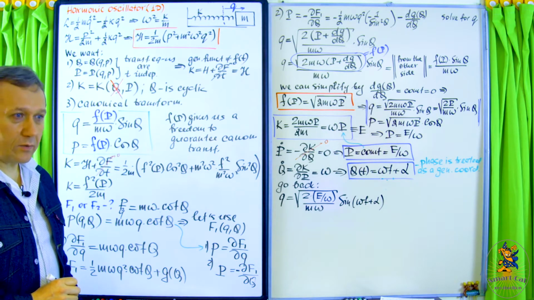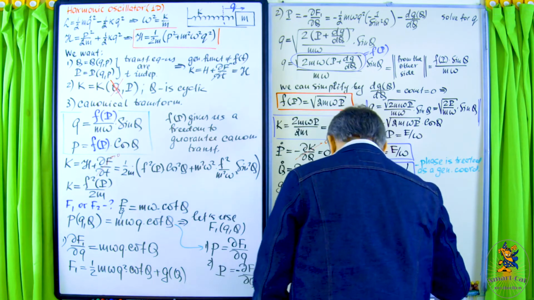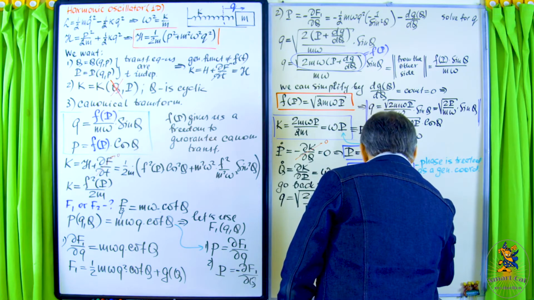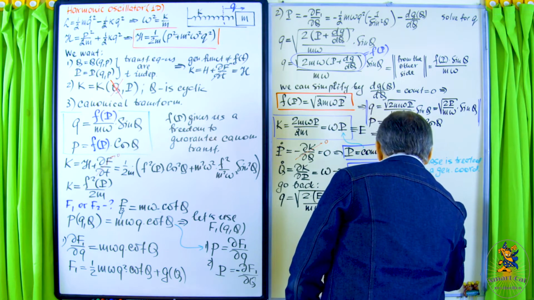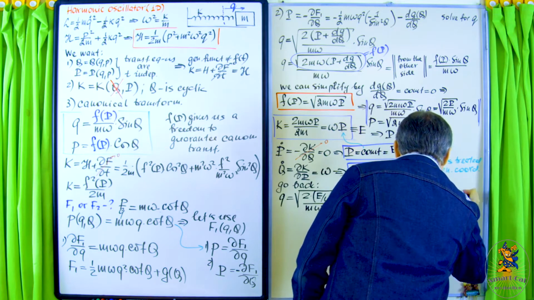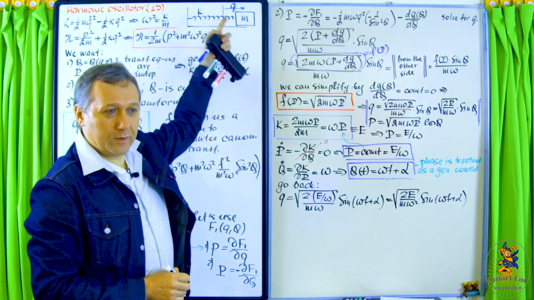Omega can be taken outside, no, I'm not going to take it outside. So 2E divided by m omega squared and sine of omega t plus alpha. Okay, so that's how q changes, right?